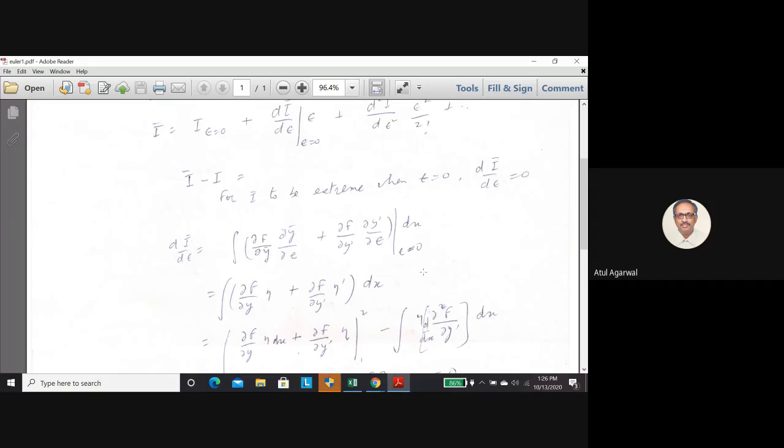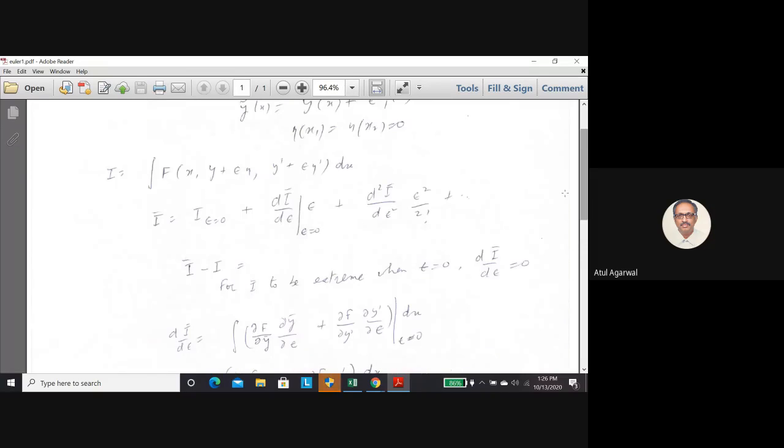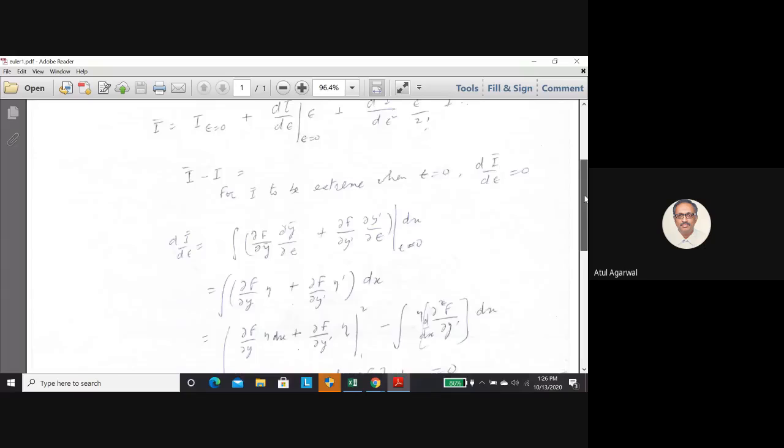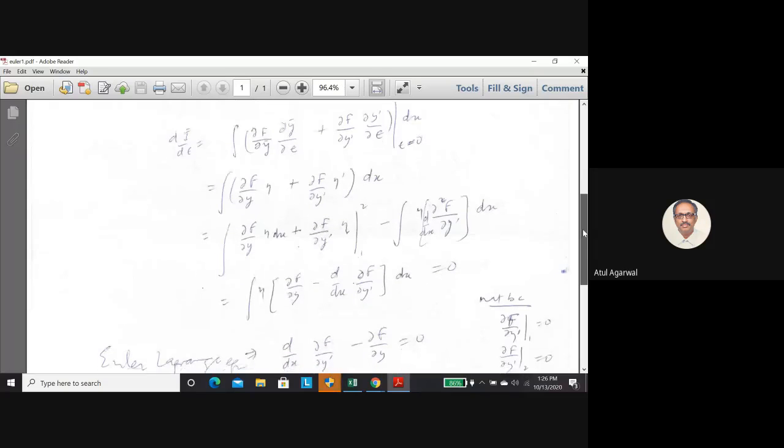And you want to find this value at epsilon equal to 0. You see all these values are at epsilon equal to 0. You want to find the values of I bar using the value of I at 0 and the derivative at 0. This is the standard Taylor's theorem. You look at Taylor's theorem once again.